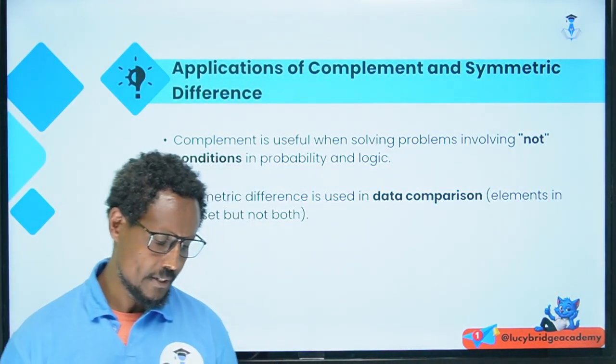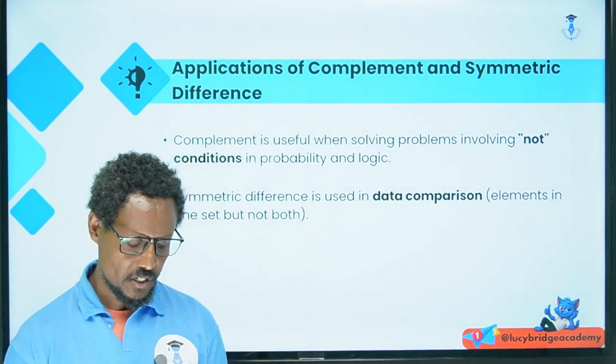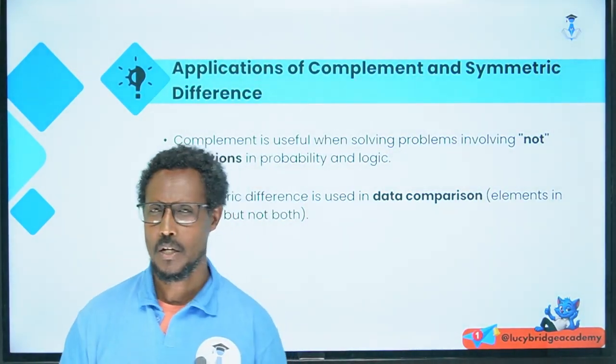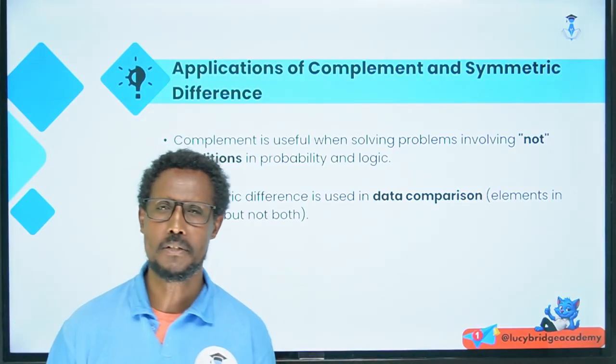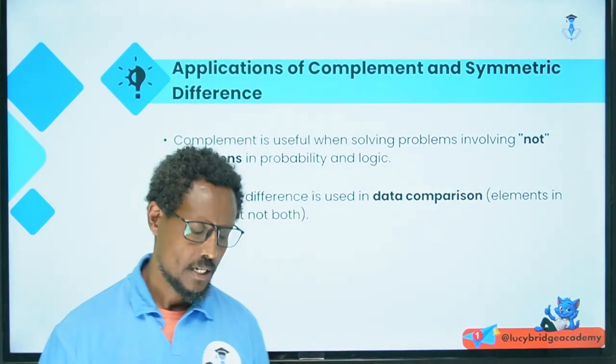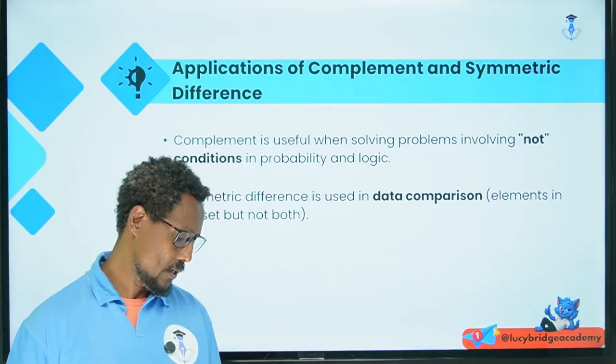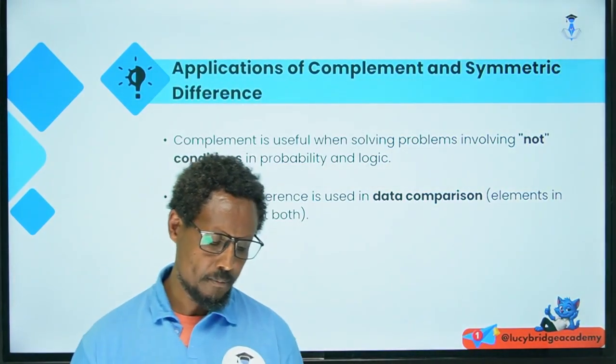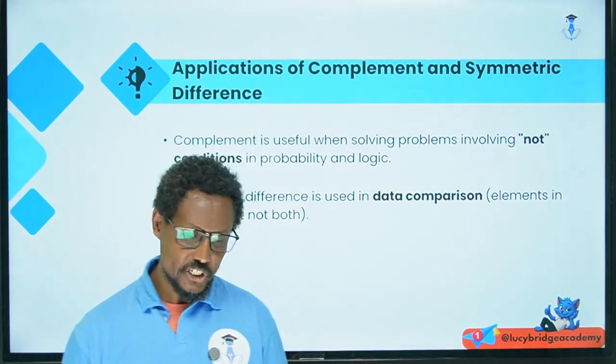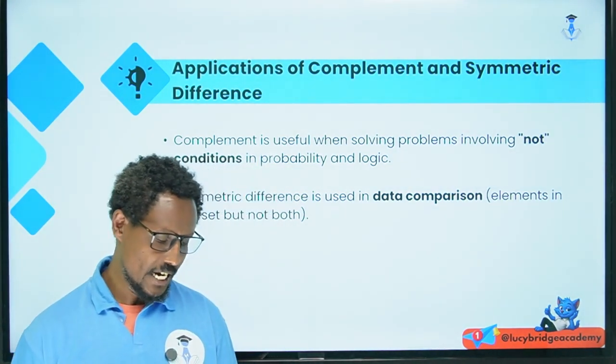Applications of complement and symmetric difference. Now let me show the application part. We use complement and symmetric difference to solve practical problems. Complement is useful when solving problems involving not conditions in probability and logic.